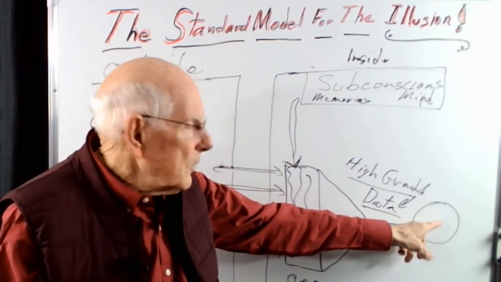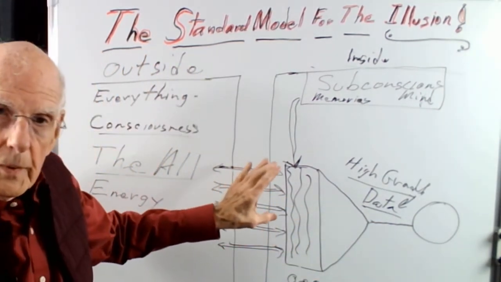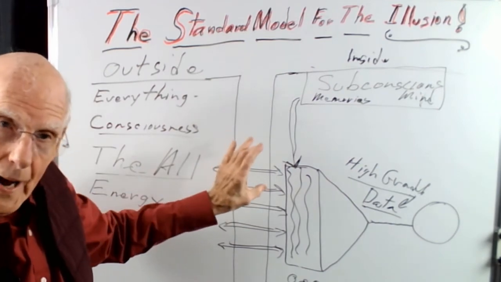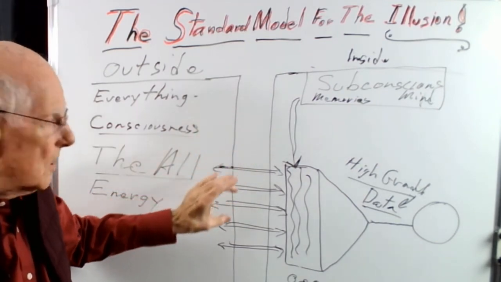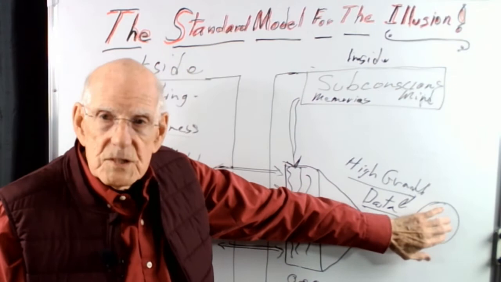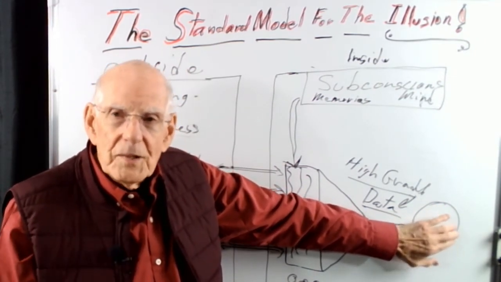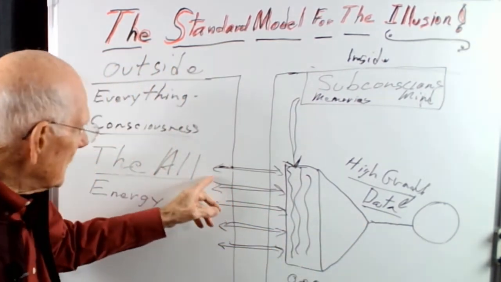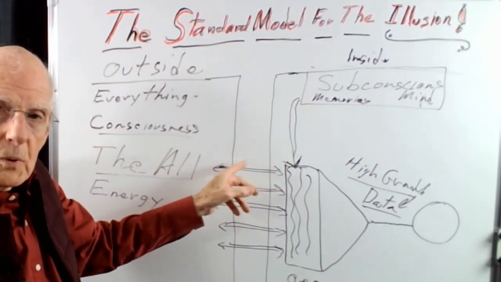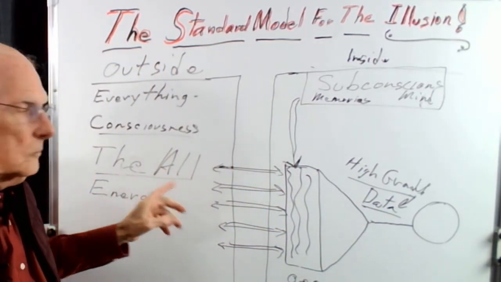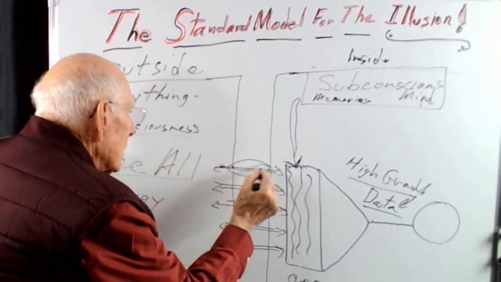Last time we talked in the last video about the eye and what the eye sees. This is what the eye sees. Oh, excuse me. The eye doesn't see that. The eye sees what it's capable of seeing of what's out here. So we have an eye here.